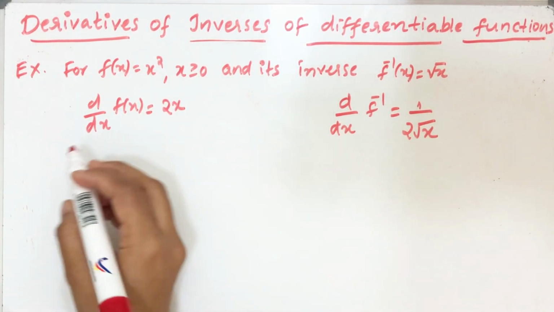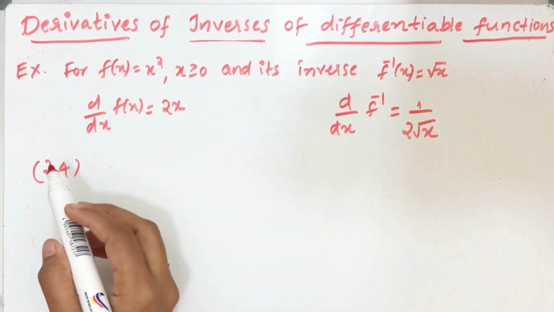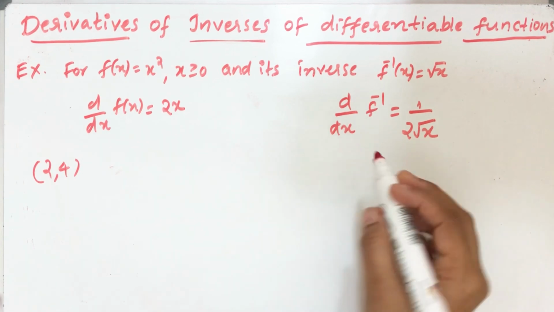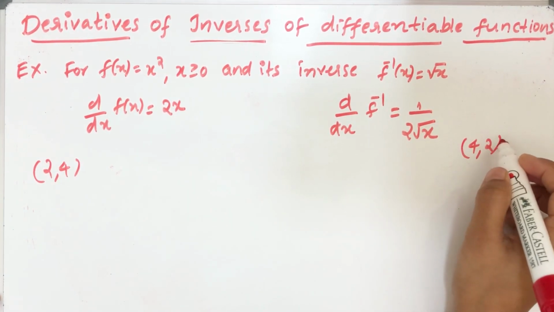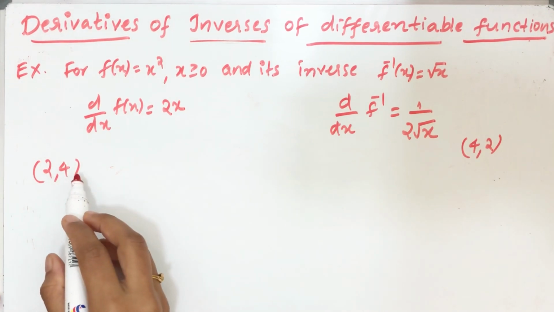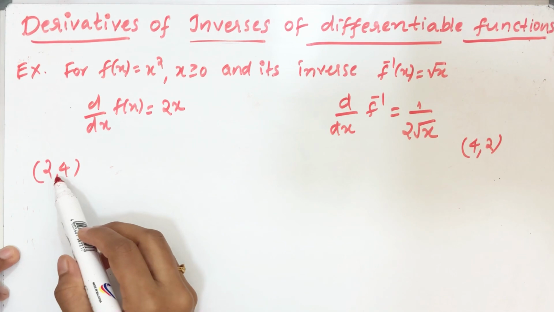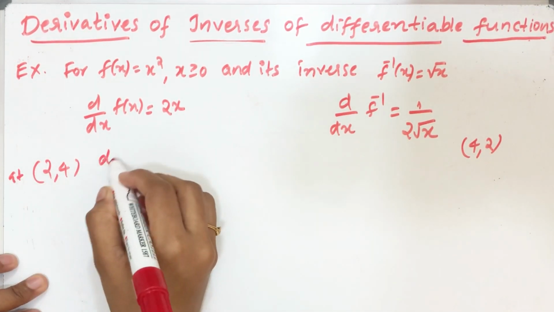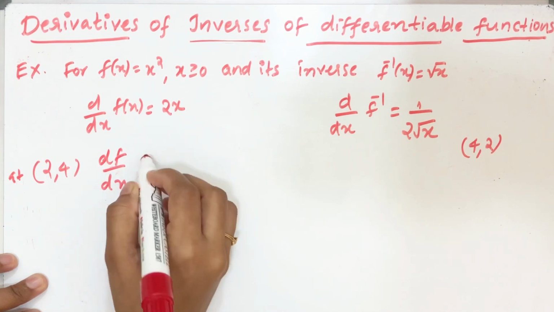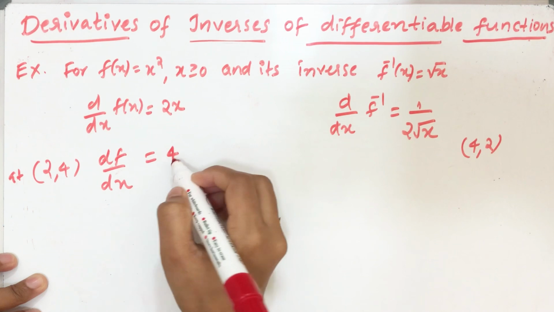Next, we can consider the point (2, 4) on f of x. Then this point will become (4, 2) on f inverse of x. (4, 2) is the mirror image of (2, 4) in the line y equal to x. Then what is the derivative at this point? At (2, 4), df by dx is equal to 2 into 2, since the x coordinate is 2, that is 4.